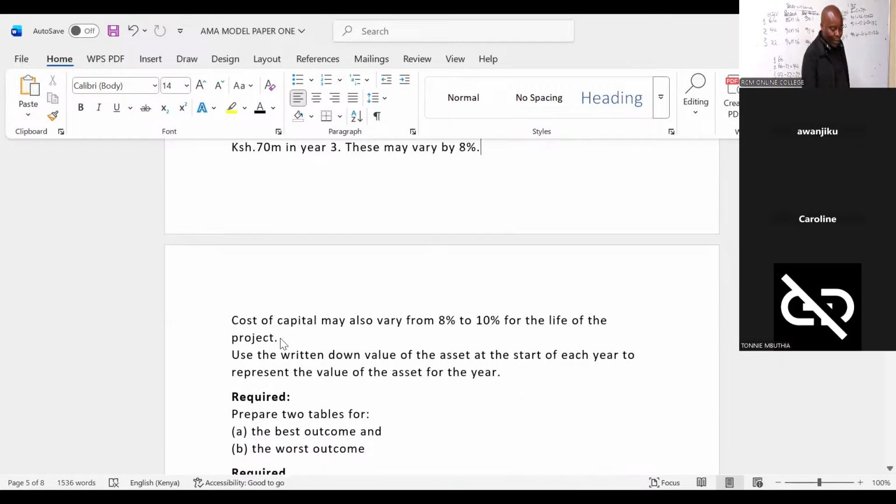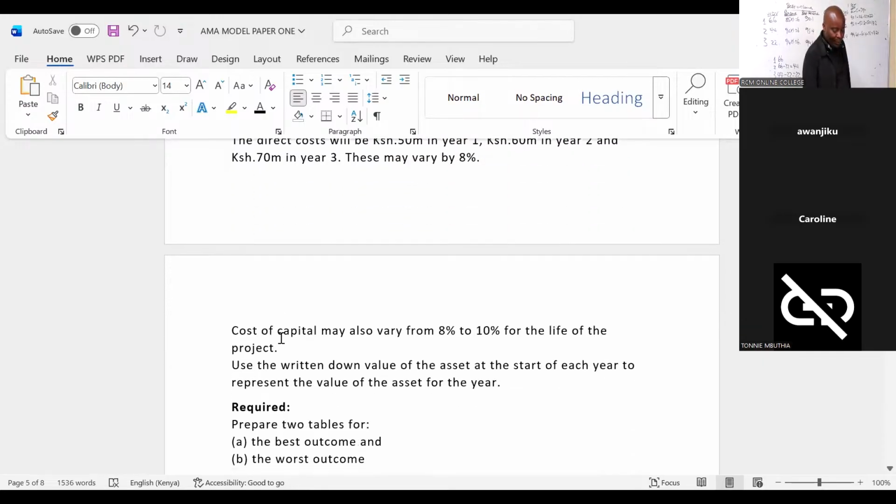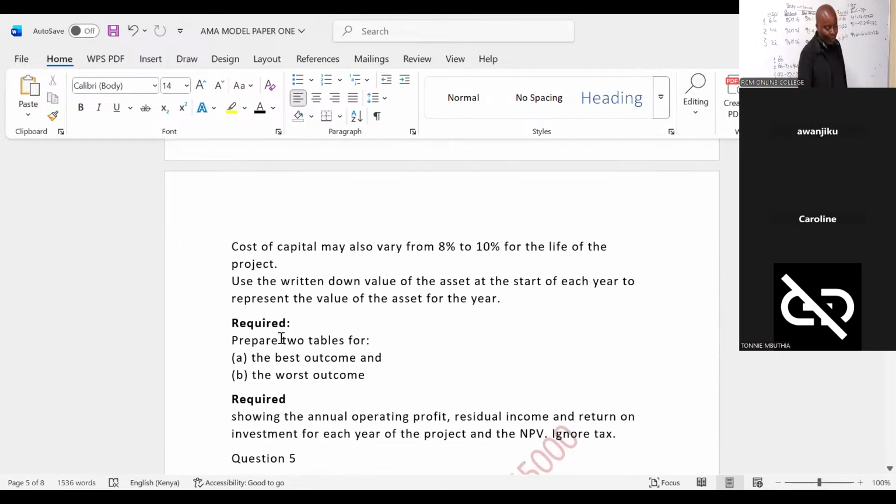So we have done the first one, which happens to be the best outcome table. So then you ninjas, are you able to give me the worst outcome table?